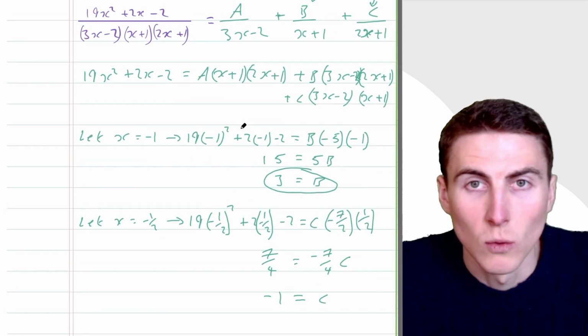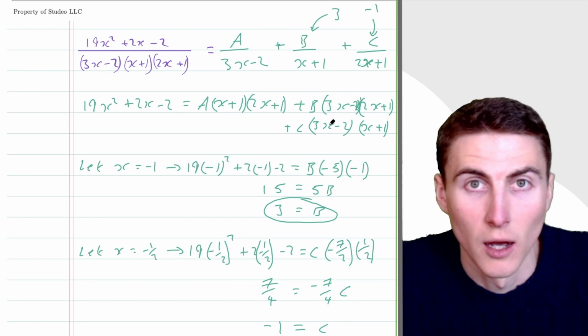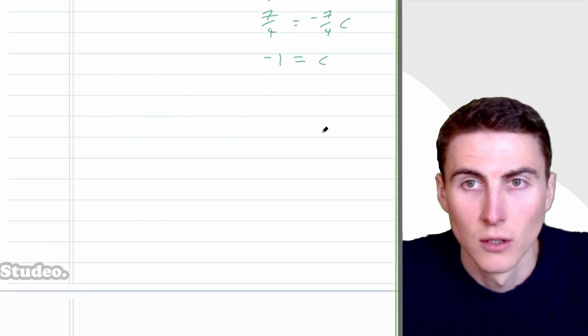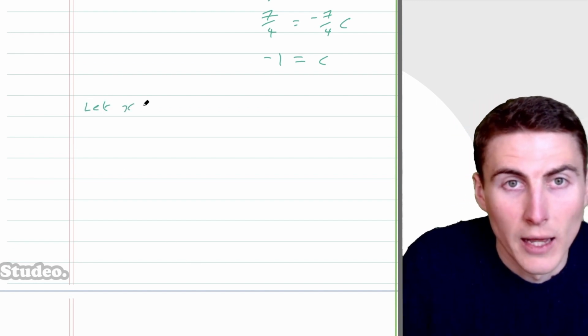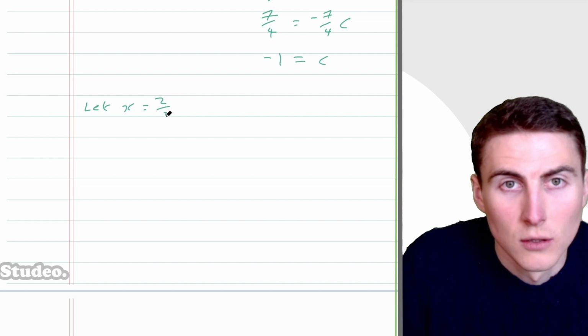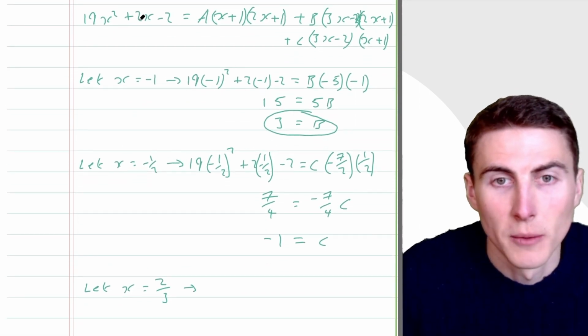And so for this last one, it's this bracket. This is 3x minus 2 that we need to make 0. So x will have to be 2/3. So we can now plug in, let x equal 2/3. So I actually need this equation up the top.